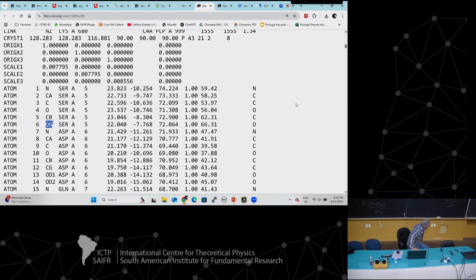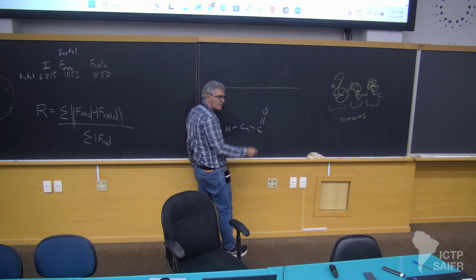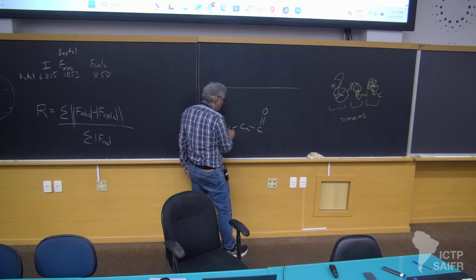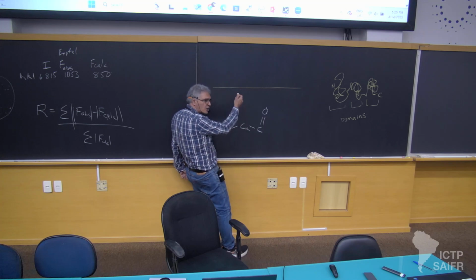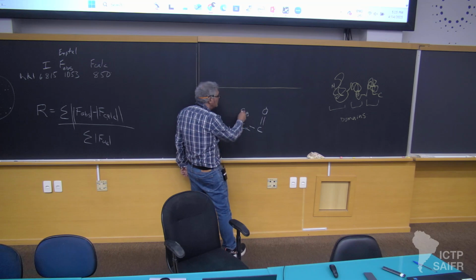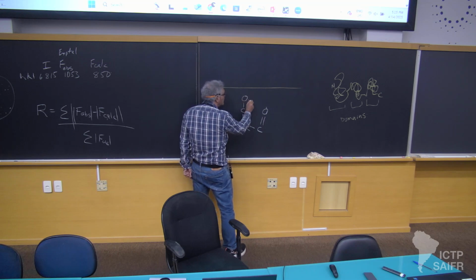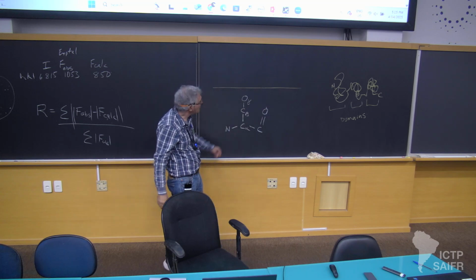Always the first 4 atoms in the PDB file are these 4, N, CA, C, O. And then they will describe the side chain. In the case of serine, there's the beta carbon and oxygen, which is in the gamma position, because alpha, beta, gamma, delta, epsilon, etc.